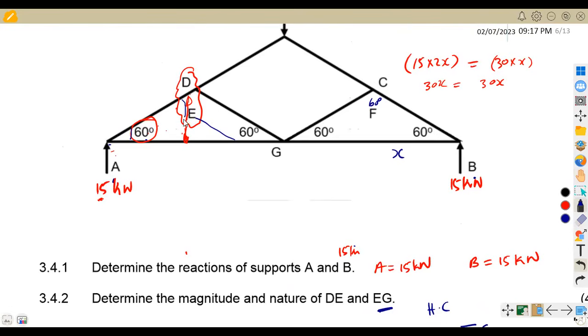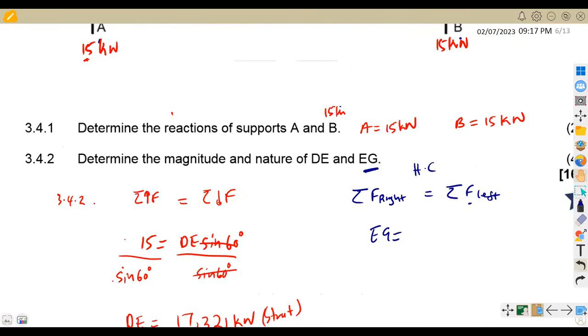To take this DE to be horizontal, it has to be affected by what? By cos. This also applies mathematical calculations, trigonometry. Guys, please make sure that you revise your trigonometry. The theta is 60 degrees, so let's write 60 here.